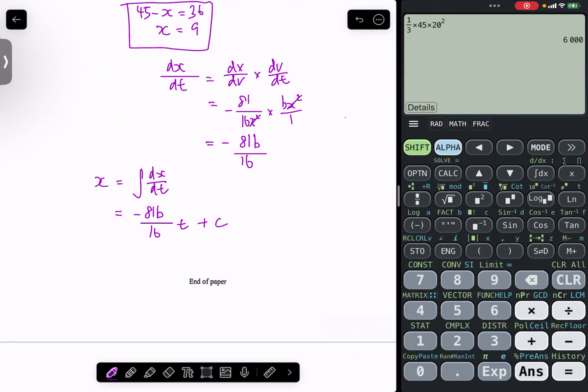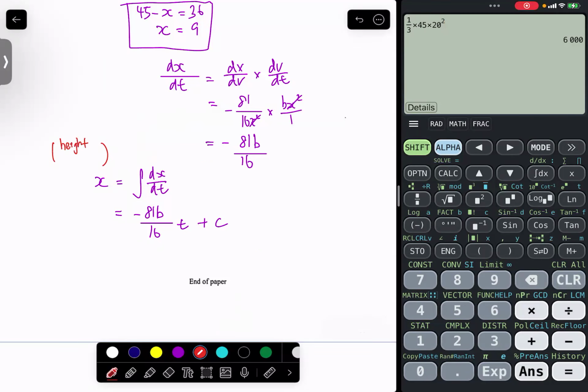Now what is x? x is the height of the pyramid. When t equals 0, the height is 45, so we conclude that c equals 45. So x equals negative 81b over 16 t plus 45.